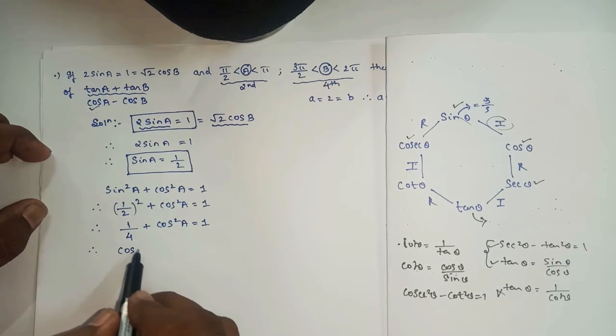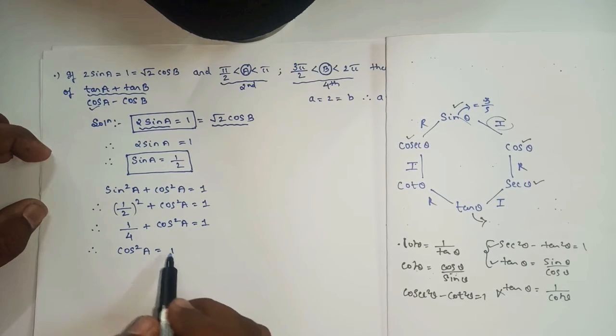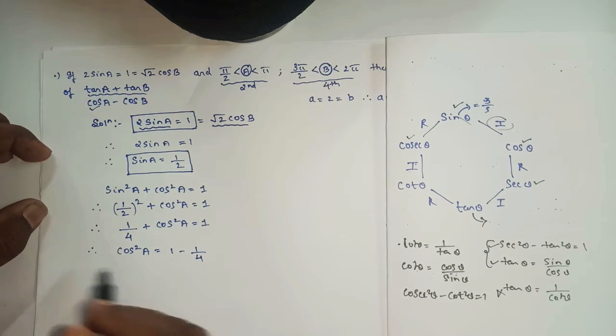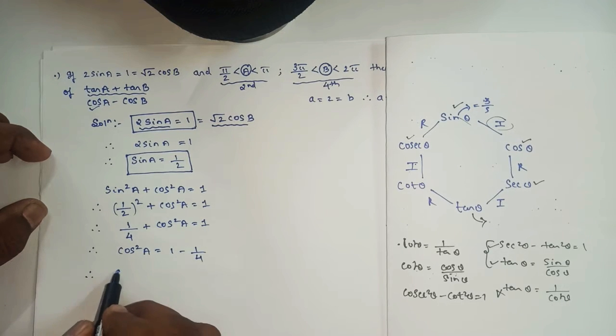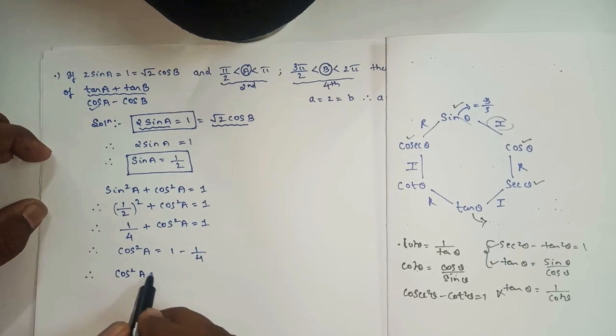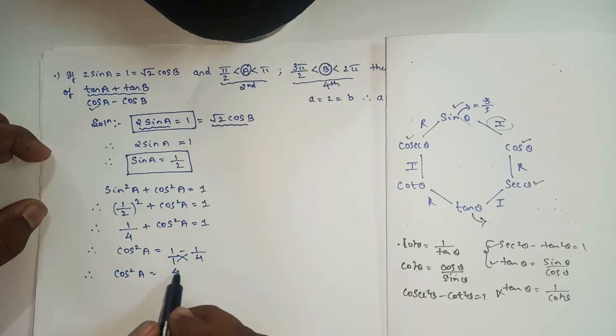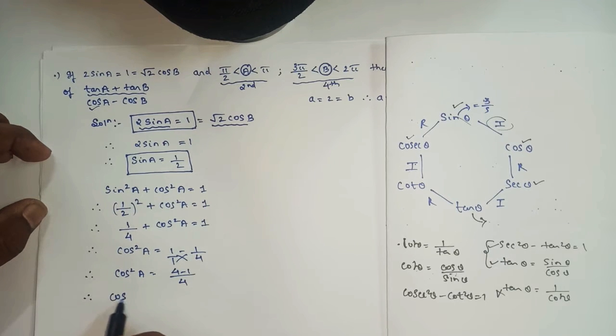Therefore cos square a equals 1 minus 1 by 4. This 1 by 4 goes to the right hand side, so it becomes minus. So cos square a is equal to, cross multiplying, 4 minus 1 upon 4. Therefore cos square a is equal to 3 upon 4.